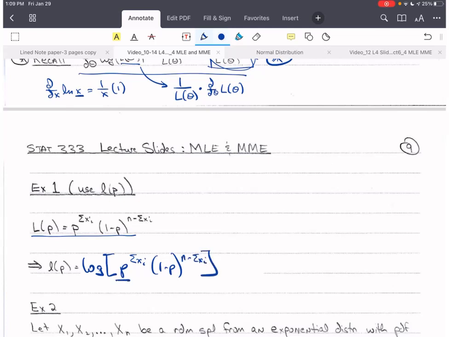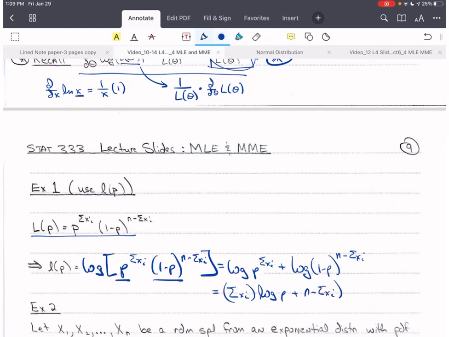And since they're multiplied by each other, there's going to be a sum here: log of p to the sum of xi plus log of (1 minus p) to the n minus sum of xi. And using my properties of logarithms, this is going to equal sum of xi times log p plus (n minus sum of xi), please use your parentheses, log of (1 minus p).